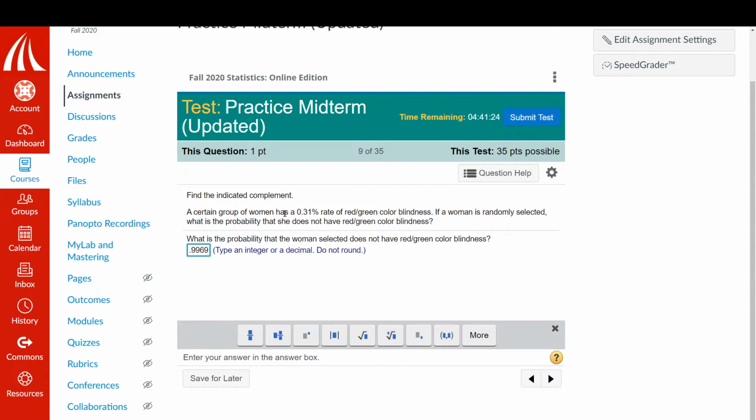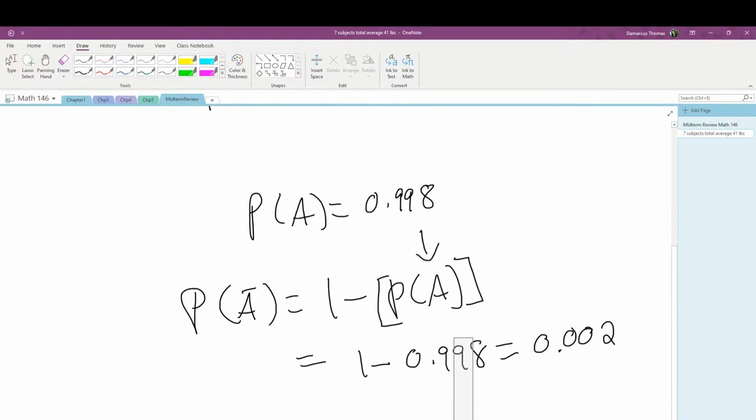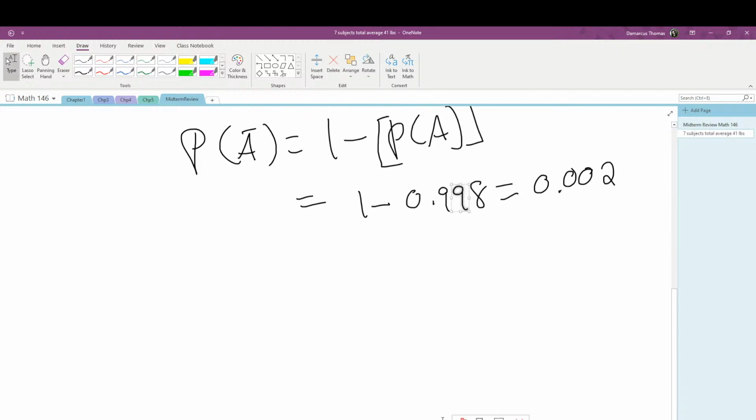A certain group of women has a 0.31% rate of red-green color blindness. If a woman is selected at random, what is the probability that she does not have red-green color blindness? And they don't want you to use it as a percentage. I will say that's kind of a tricky question, I think.